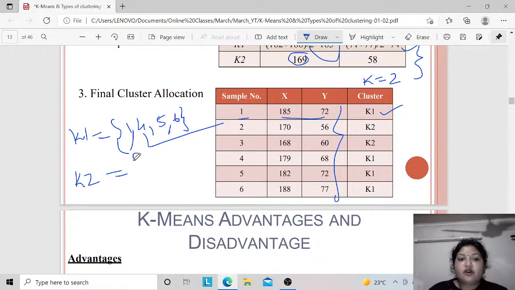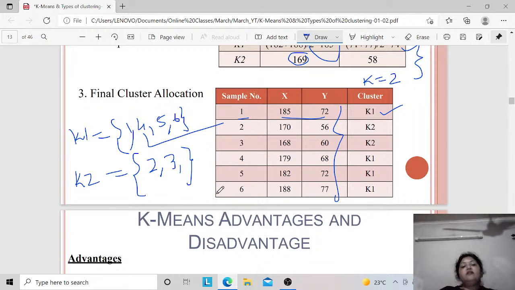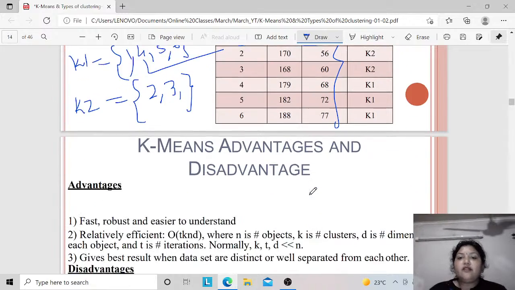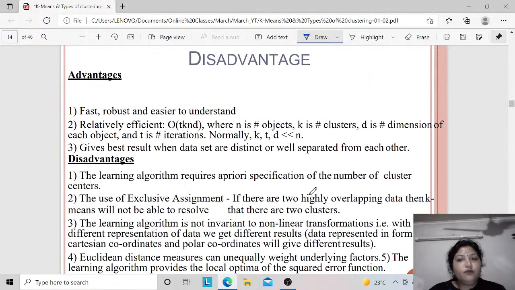And cluster 2 would have samples 2 and 3. So this is how we have segregated the data points using the Euclidean distance method, and our hyperparameter k would be 2 in this case. Why? Because we have segregated the data points into two clusters.